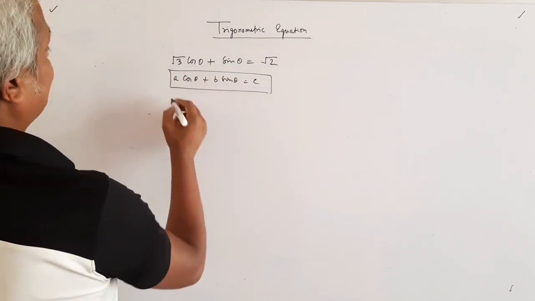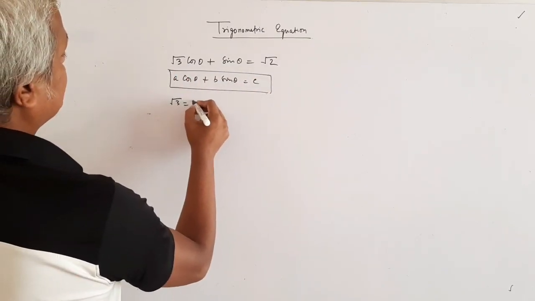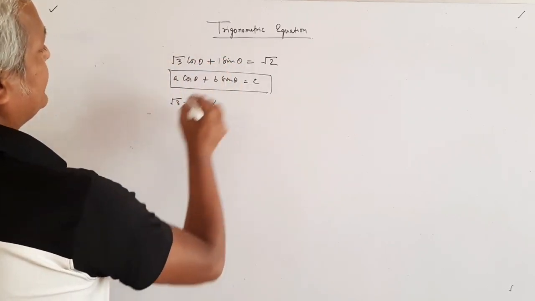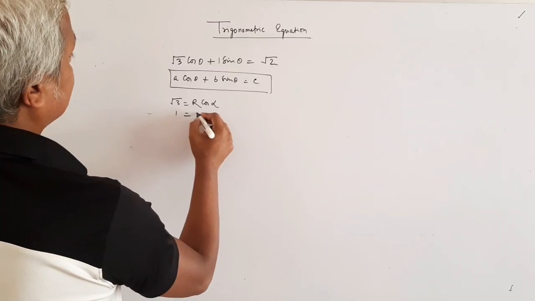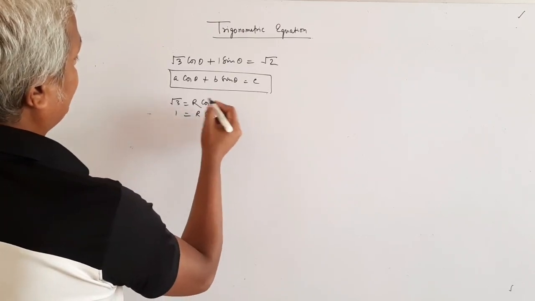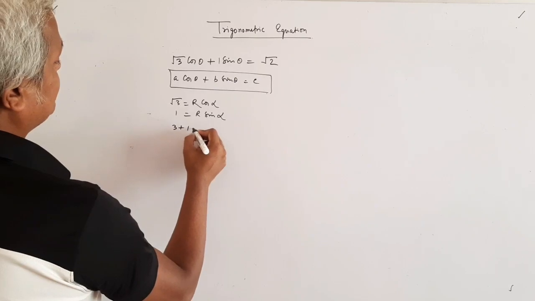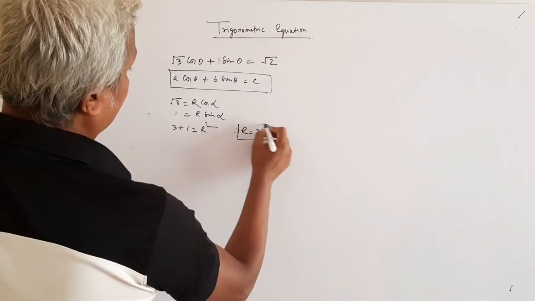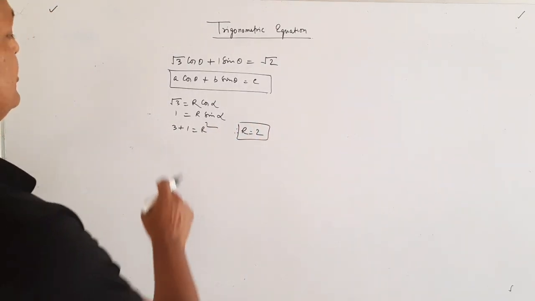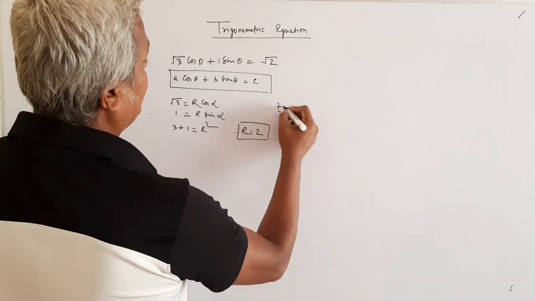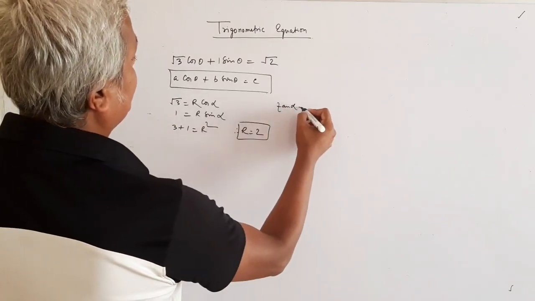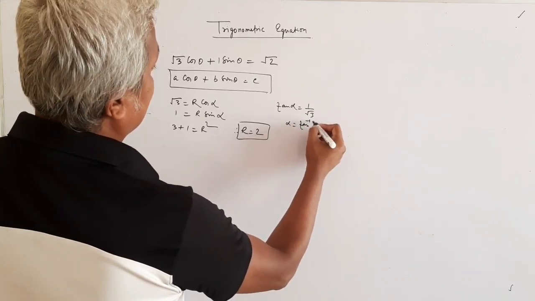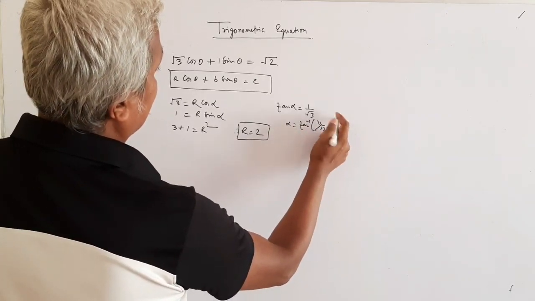So first I have to say that let root 3 equals r cos alpha, and then here I have the 1 hidden, therefore 1 is r sin alpha. Square and add, so we get 3 plus 1 is r square, therefore r equal to 2 if you ignore the sign, and if you just divide this by this you get tan alpha. Tan alpha is 1 over root 3, therefore alpha is tan inverse 1 by root 3.